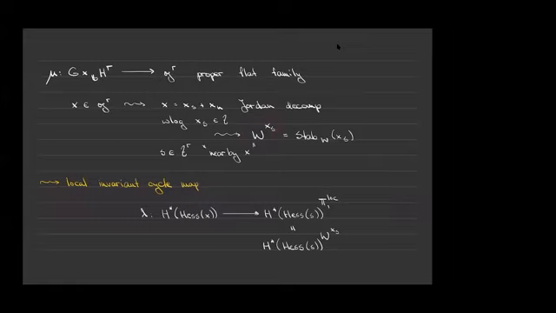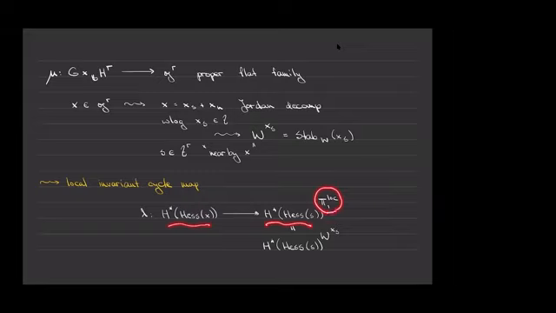And then I take a nearby regular semisimple element that, again, I can assume is contained in the Cartan. And then the local invariant cycle theorem tells me that I always have a map from singular cohomology of my special fiber to singular cohomology of my generic fiber, whose image is some local monodromy invariants.